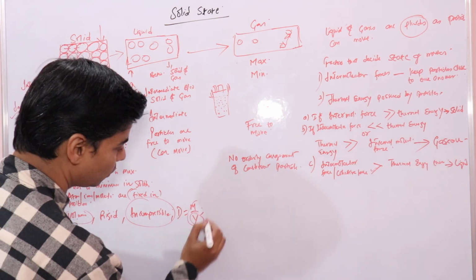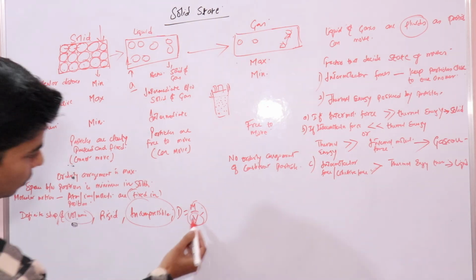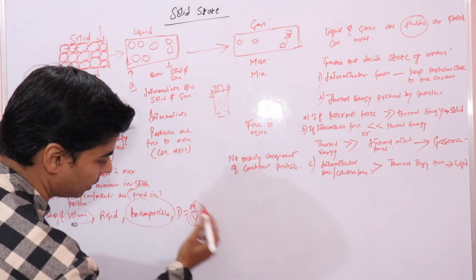So mass per unit volume is high, giving them high density. We say the constituent units in solids are closely packed, leading to a decrease in volume between the particles, hence mass per unit volume, which is nothing but density, is high.